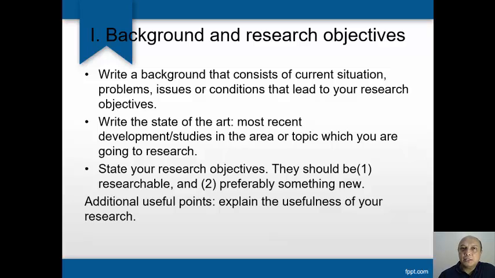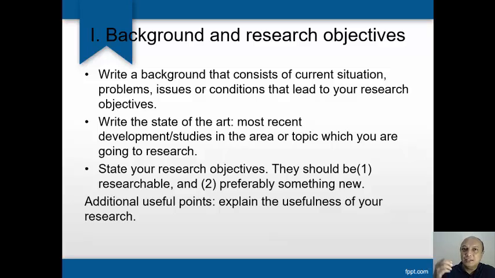In this part, if you are writing for government funding or any other funding from institutions, it is good to add some useful points in which you explain the usefulness of your research. What is the value of your research? Why should they give you the money to do the research?